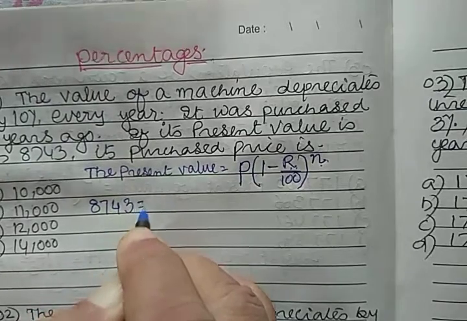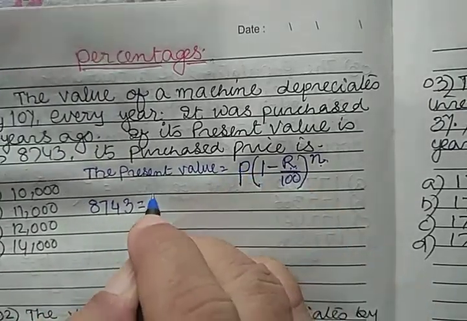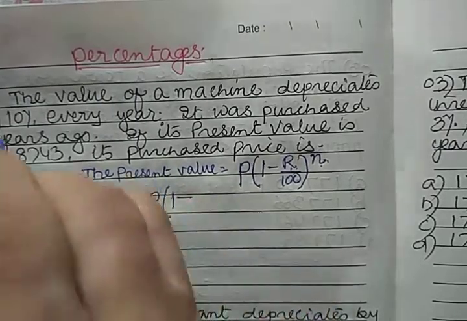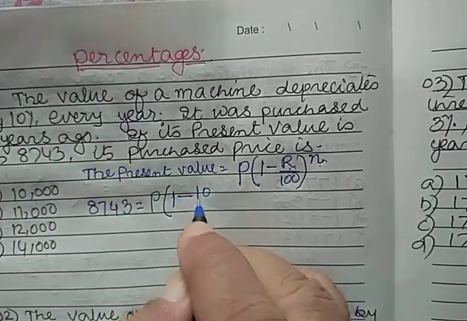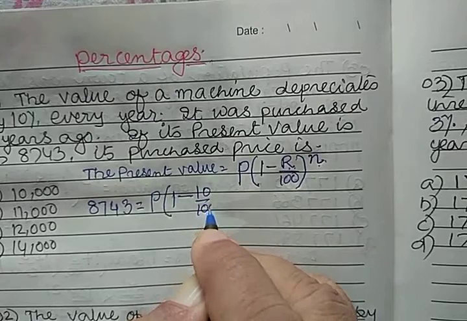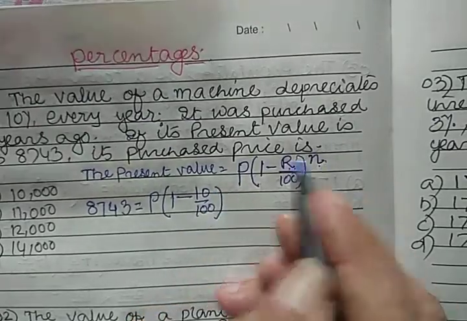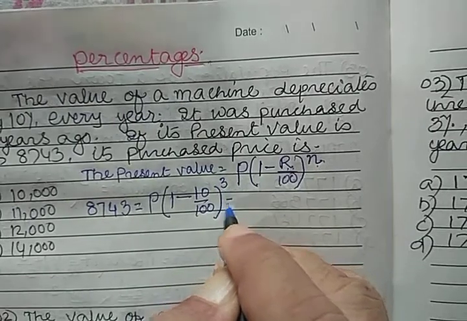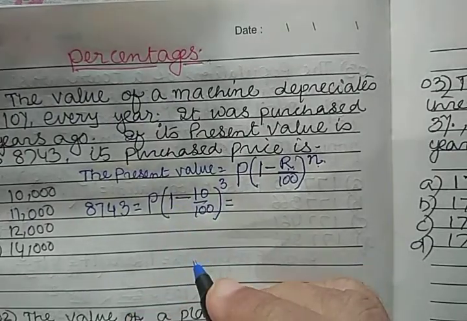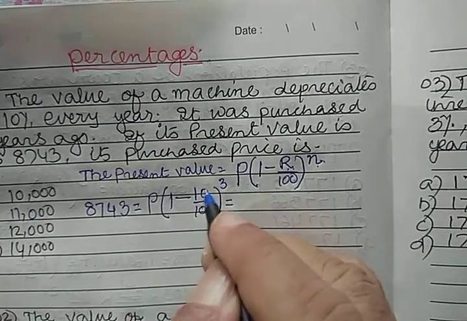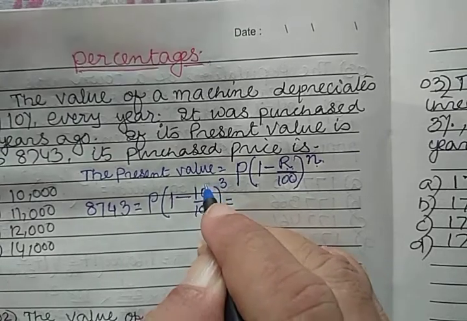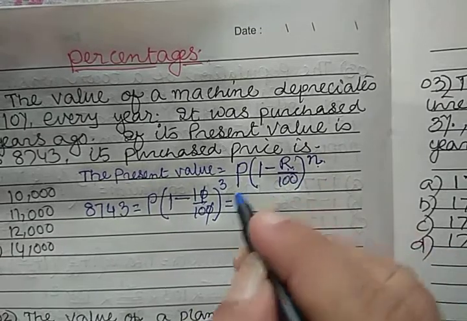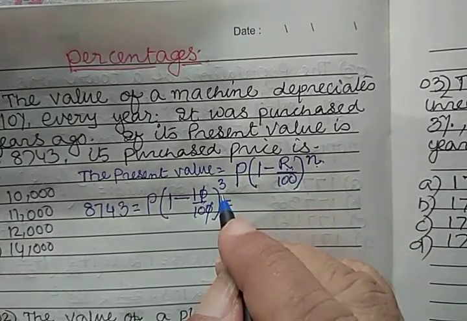8743 is equal to, we do not know P, so let it be P into 1 minus R by 100, where R is 10. What is N? 3 years. 1 minus 10 by 100 is equal to 9 by 10.